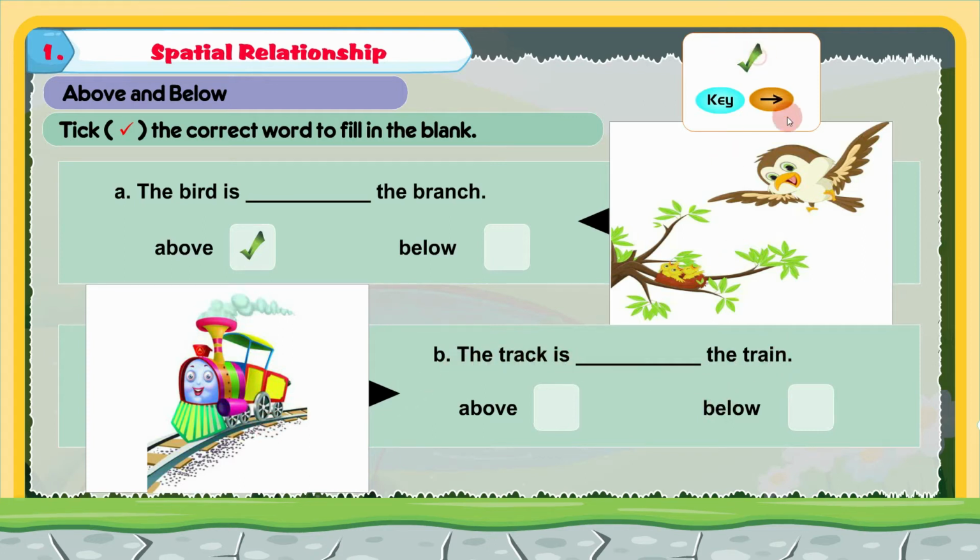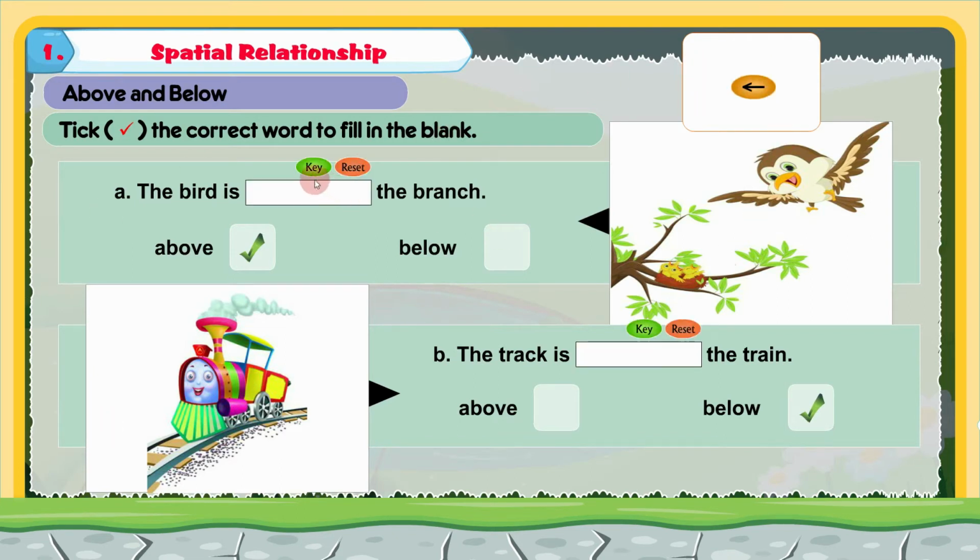So we will tick the box here as below. The bird is above the branch and the track is below the train.